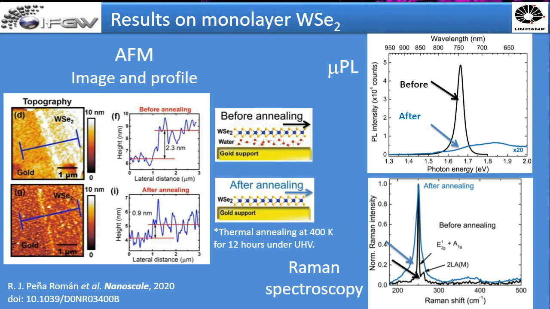So we have made several replicas of the samples, not only those that I presented here, and we could always see that before this thermal annealing, the step height is always bigger. Sometimes it is even bigger than the value that I have shown here. And after the annealing, you always see that the sample collapses towards the support.